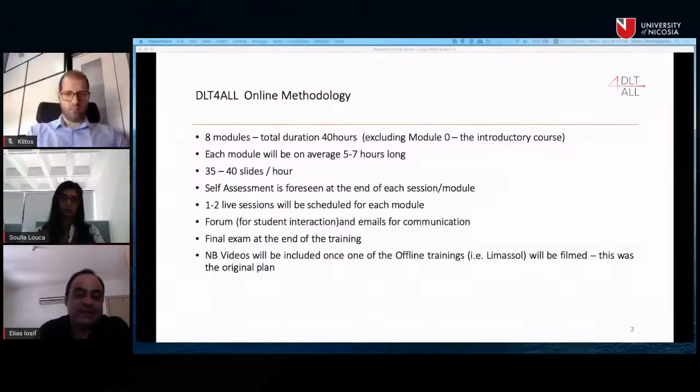In the same context, we plan to launch a forum where the students, as well as the instructors, can interchange ideas asynchronously, including email communication. And the formal final exam is intended for the end of the training.